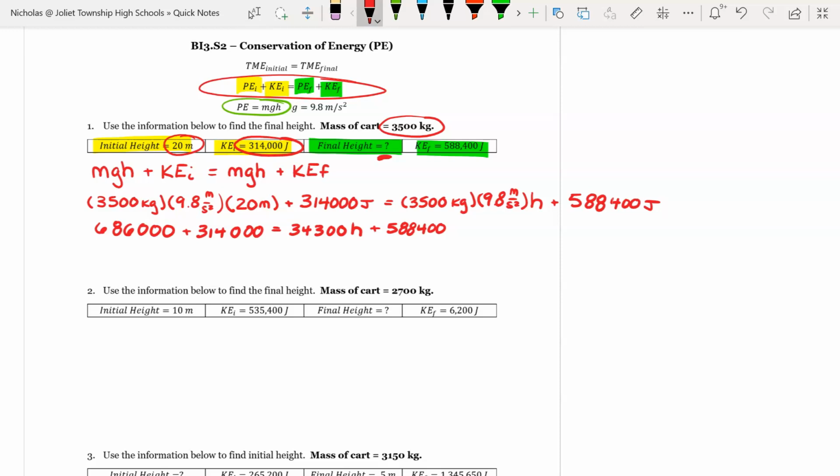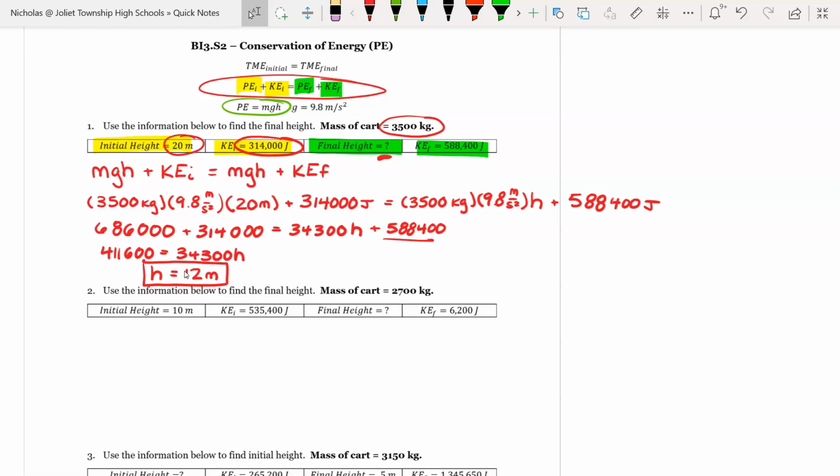Simplifying the left side, we get 411,600 equals 34,300 h. I also subtracted the 588,400 from the left side. And when I divide 411,600 by 34,300, I get a height of 12 meters.